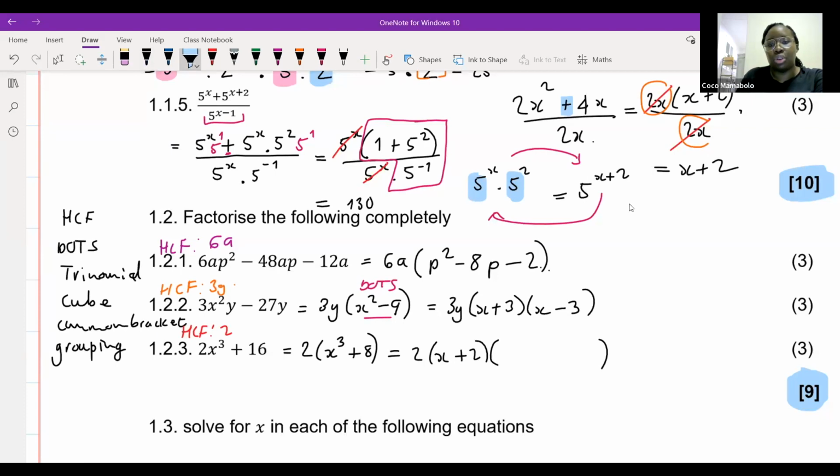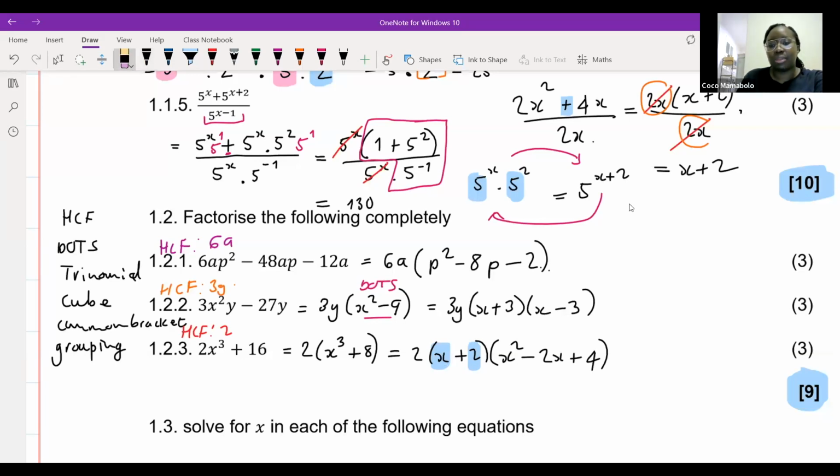Then I'm going to square this number and square that number, that's first and last term. I'm going to get x squared plus 4 over here: x squared gives us x squared, and 2 squared gives us 4. In the middle, I'm going to multiply these two. x times 2 gives me 2x, but the opposite sign, so I would get a negative 2x there.